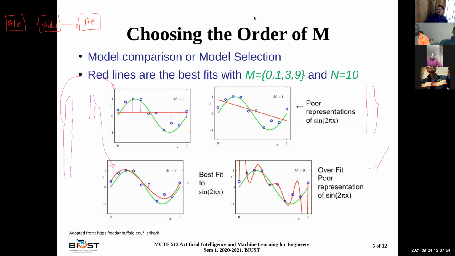Inside the model is the estimate, and here is your training. And then you predict. Here we are still training.